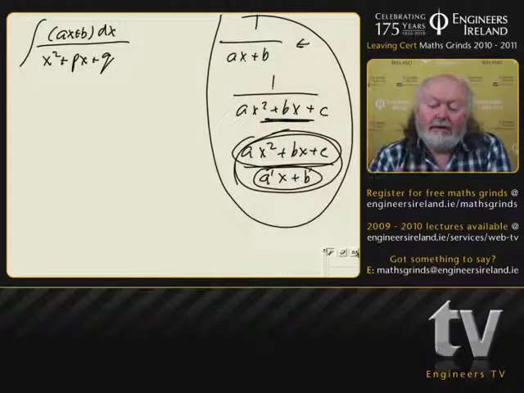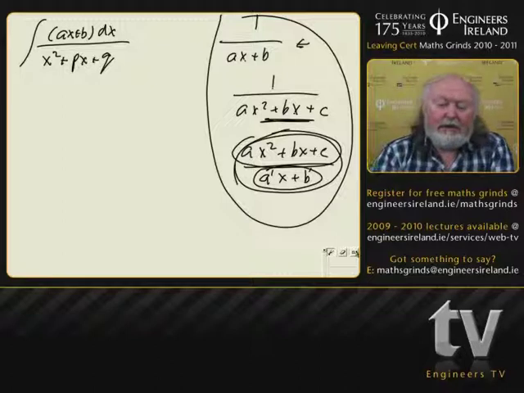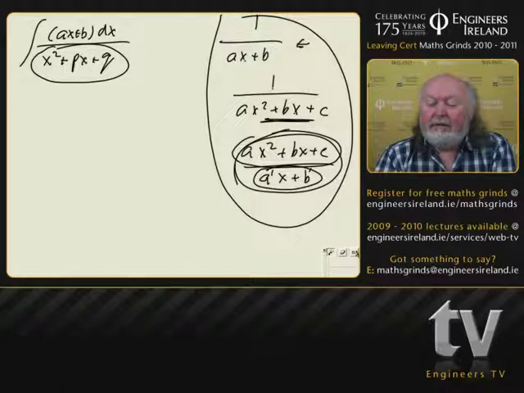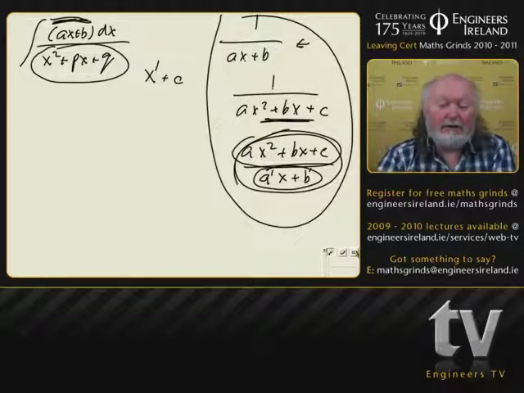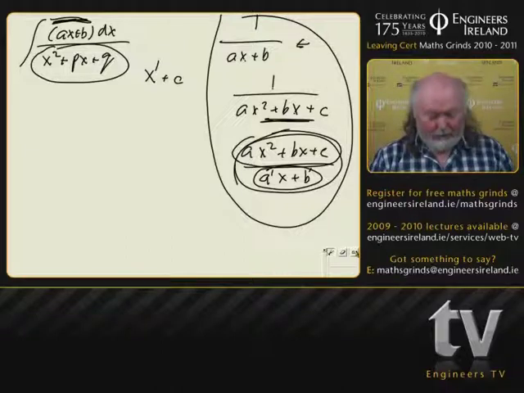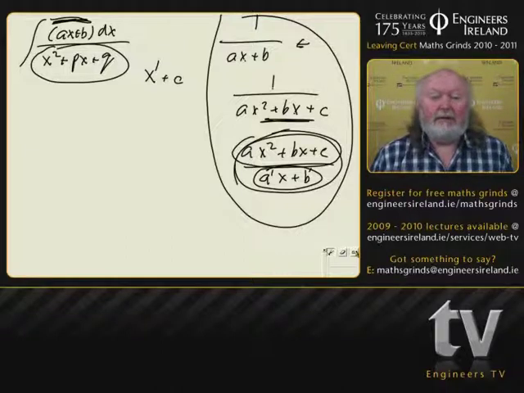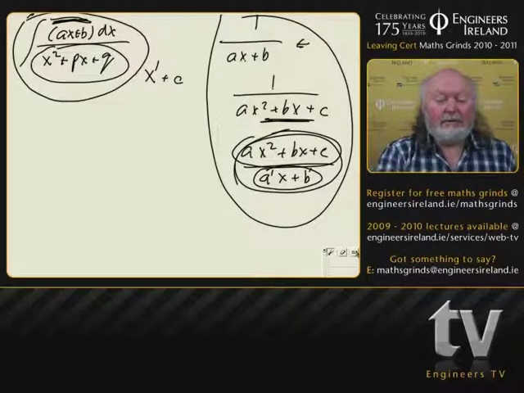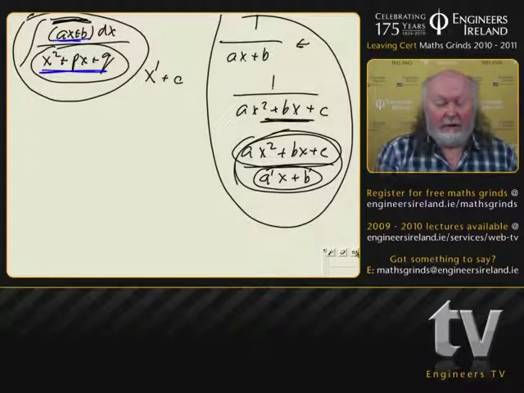Well, we know from differentiation, if we were to differentiate this, you will get so much x to the 1s and possibly plus some sort of a constant. And doesn't that look like this one here? So here, what we'll do is we'll let the whole lower line equal u, and we'll proceed on that basis. That's for these kinds of ones, where we have the integral of a linear polynomial divided by a quadratic polynomial.